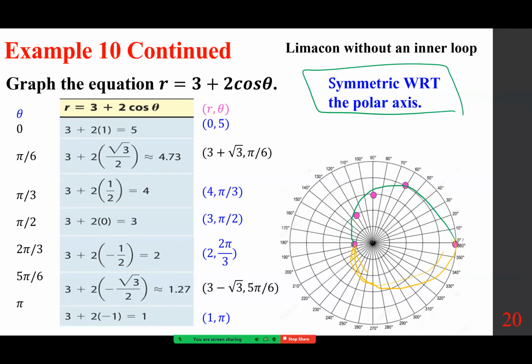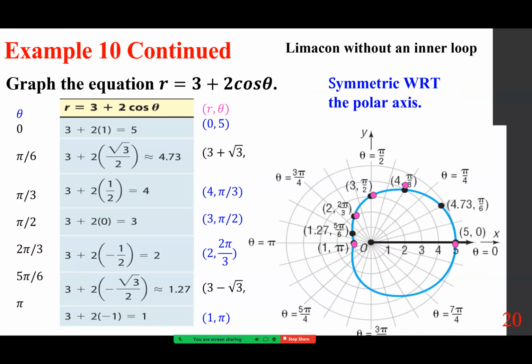Something like that, okay? I'm going to erase that and show you a much better graph, of course. Okay.